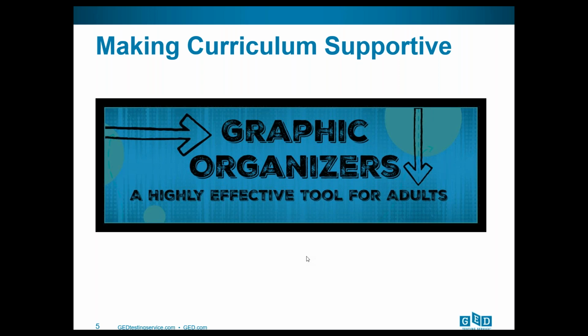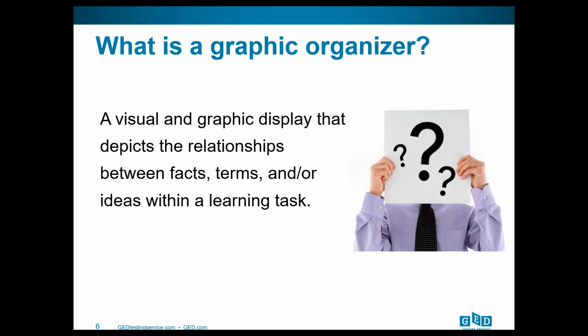And of course, all of us, what we're looking for is success with those students who are out there. So keep that in mind as we move through, and maybe we'll share some graphic organizers with you that you'll think, I think that might make a difference in my class. So let's talk first about what is a graphic organizer.